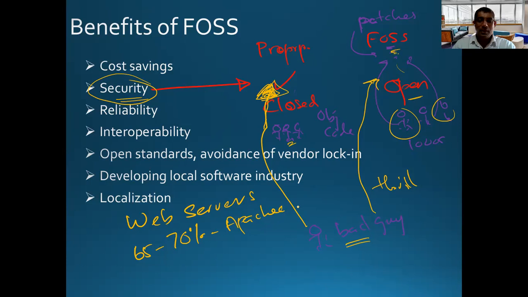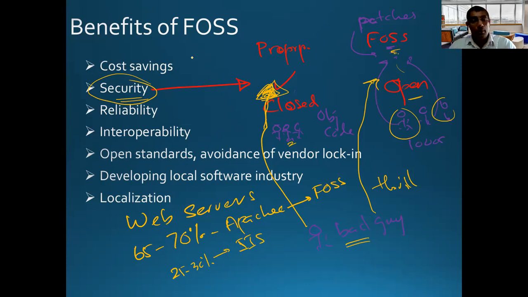That's a permissive type, but that's FOSS, right? If you look at Windows IIS server, it's maybe 25 to 30% market share. So these are where most of the web servers are running.